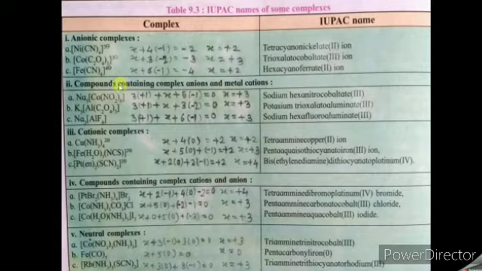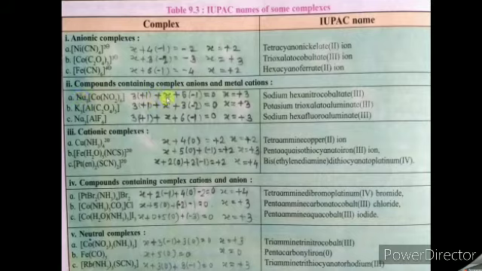Now the next type is compounds containing a complex anion and a metal cation. The only change from the first type is that instead of the overall negative charge, it is balanced with some positive metal cation. So here Na3[Co(NO2)6]. Now we have to calculate the oxidation number of cobalt, which is X. There are 3 sodium, each carrying 1 plus charge.